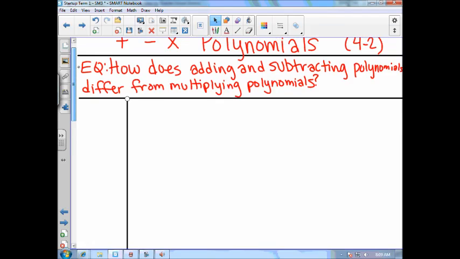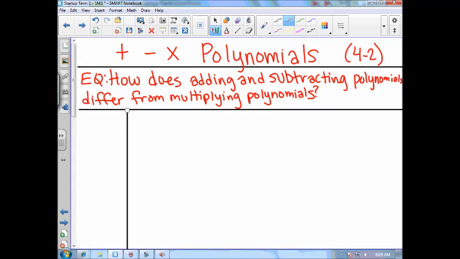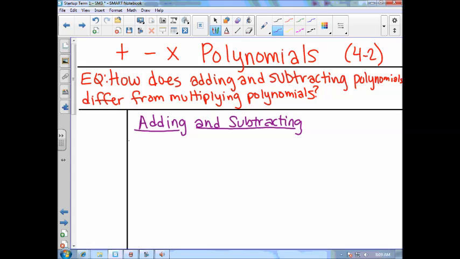Okay, we're going to start with adding and subtracting. Example 1: I need a trinomial. You can be creative. Would anyone like to give me a trinomial? Tri means it has 3 terms. Tyler? Okay, let's give it a variable.